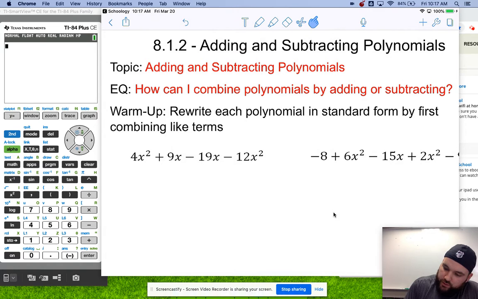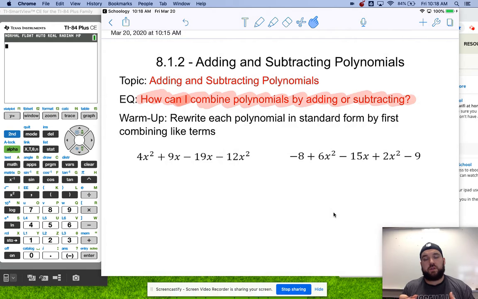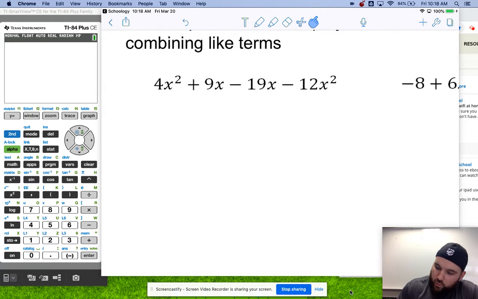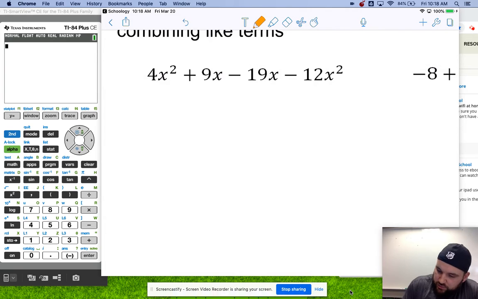Just a real quick, our EQ for the video is: how can I combine polynomials by adding or subtracting? So yesterday we just had single polynomials. We classified them. So today we're actually going to combine some together.